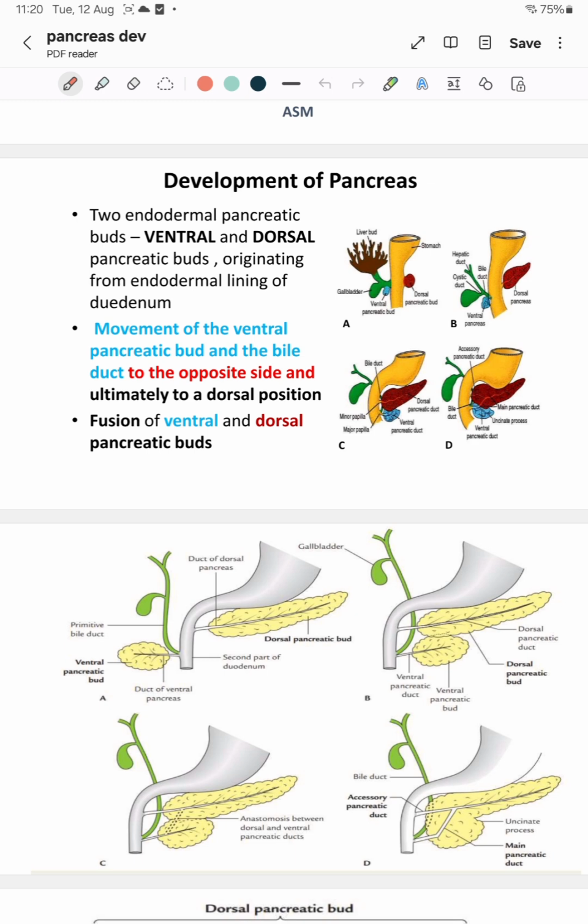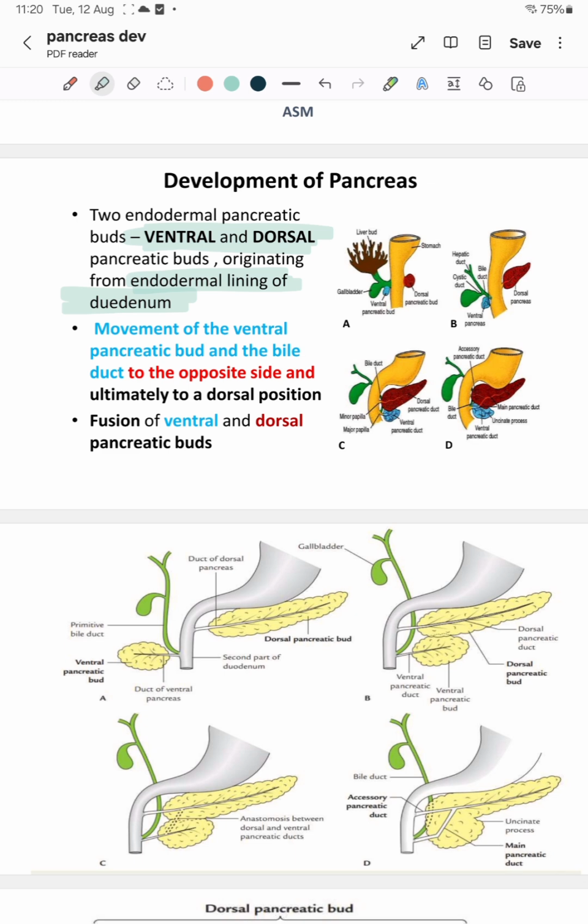They originate from the endodermal lining of the duodenum.